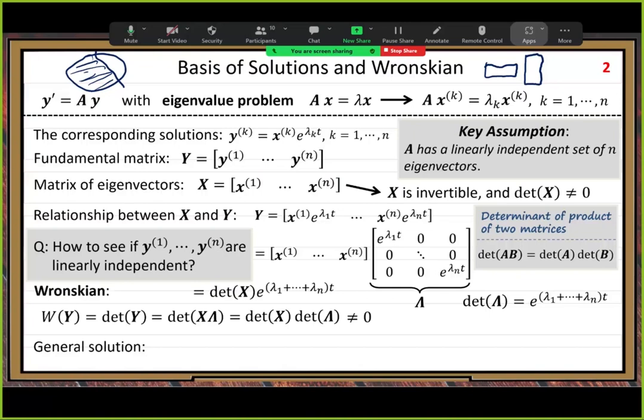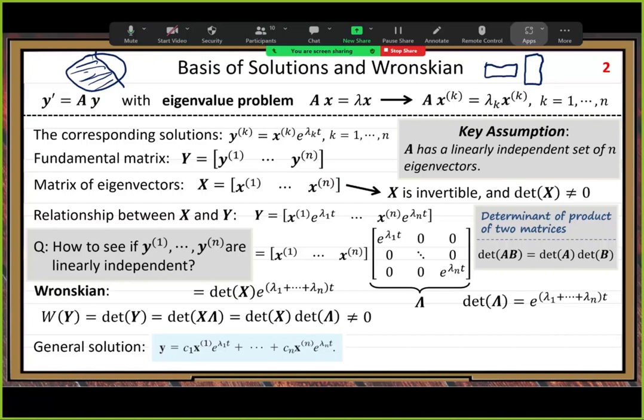The conclusion is the general solution for the homogeneous linear system, the ODE. The general solution can be written as the linear combination in this way.